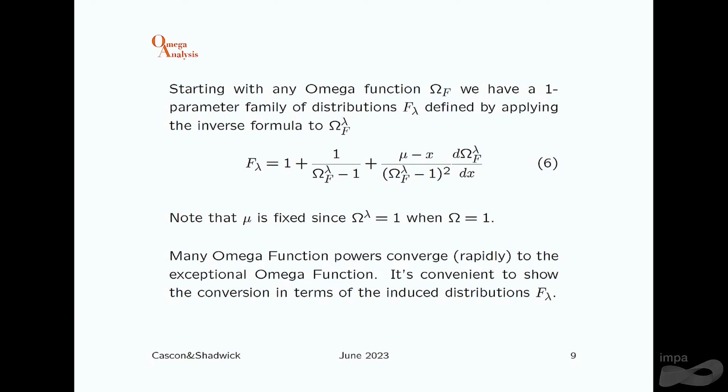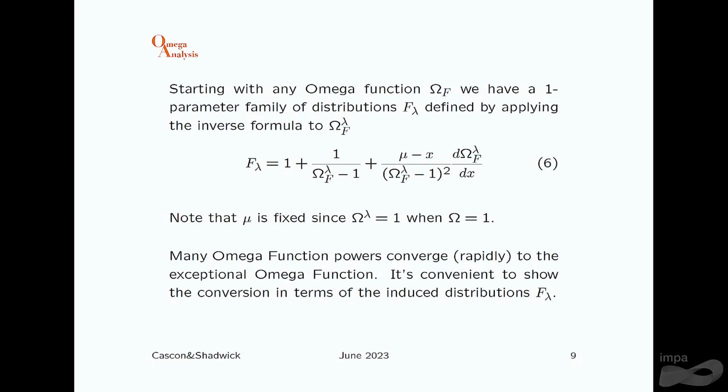Now, it turns out that there's a cheat that seems to work reasonably well. It seems to work quite well so far. So we'll see how that goes, just started applying that. So the induced distributions are the things we're really interested in. I mean, the omega functions are important, but we're interested in the distributions.